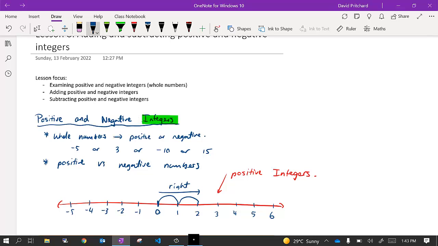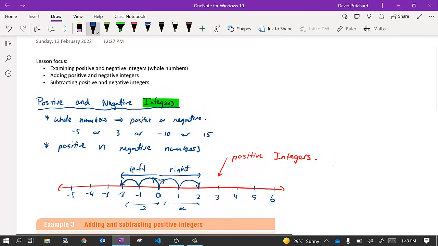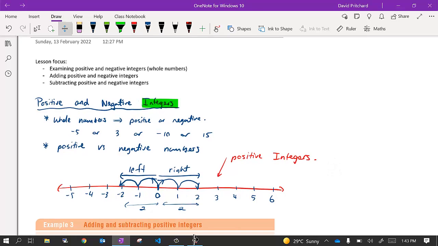If we go left 2, it's still 2 jumps, but in the opposite direction. This distance 2 is still the same. And the big thing to remember, negative numbers are just opposite. So we're talking about opposite 2, opposite 3, and so on. If we keep that in mind, that does help us a little bit with what we're going to do.